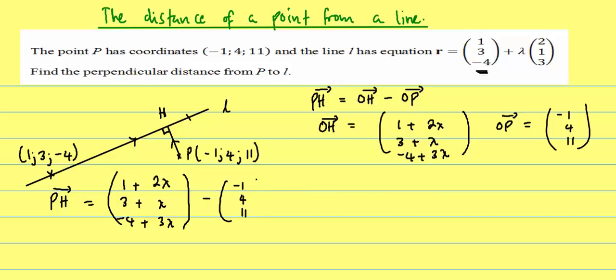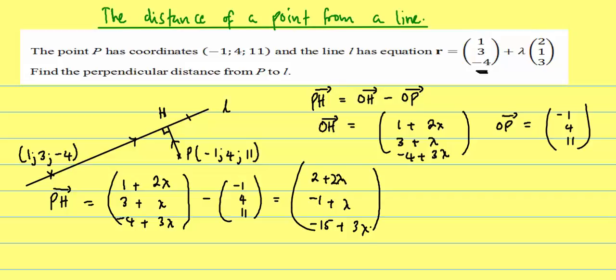When you do that, in terms of lambda, you'll find that this is equal to (2 + 2λ, -1 + λ, -15 + 3λ).